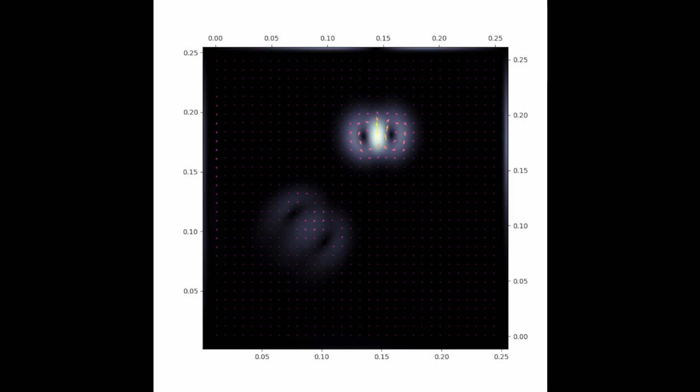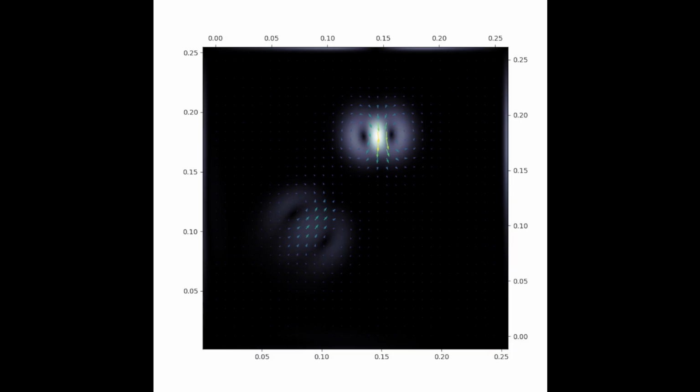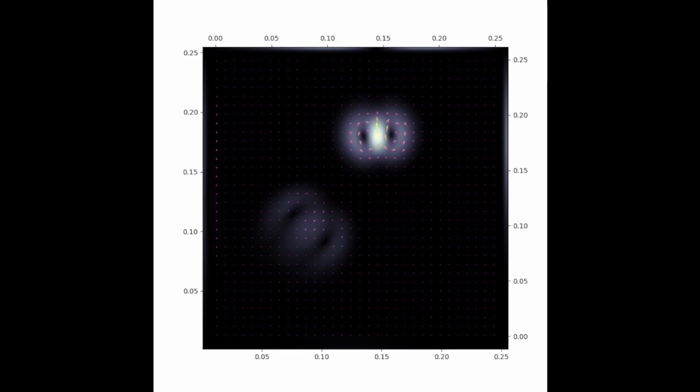And you see that the viscous force is most intense in the center, and it directly opposes the motion. The fluid motion is basically going down in this top dual vortex group. So the velocity is going down through the center, but the viscous force is going in the exact opposite direction.